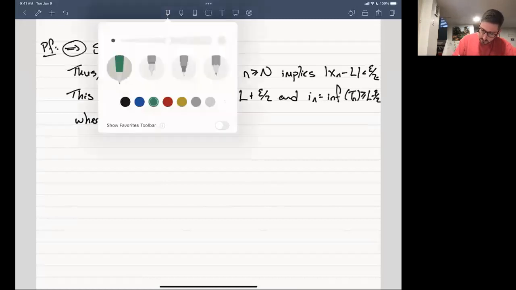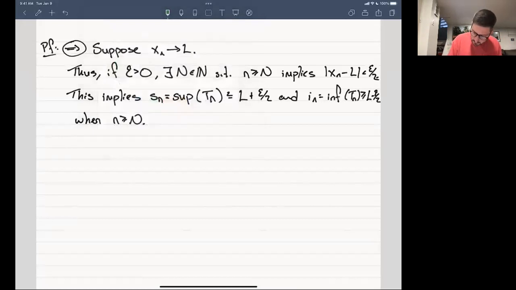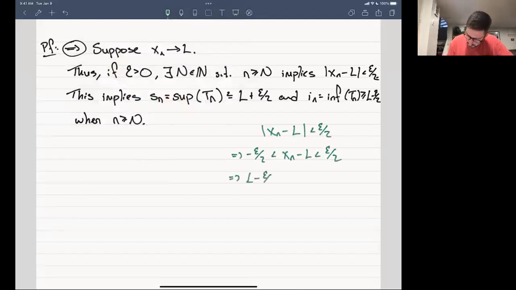Now, I'm just going to scribble in the margins. Why is that the case? Well, Xn minus L less than epsilon over 2, you can unpack this. So you just unpack that absolute value here. This is a sort of trick that we used, I believe, in the previous lecture as well. And this gives you L minus epsilon over 2 is less than Xn, which is less than L plus epsilon over 2.